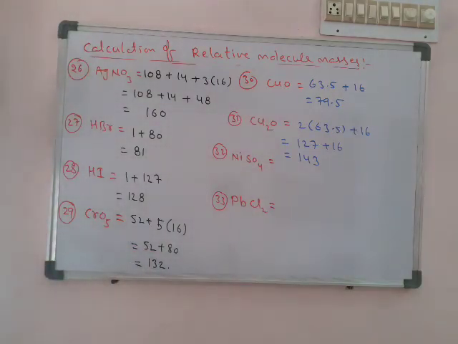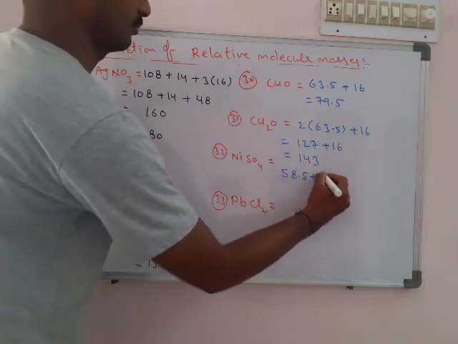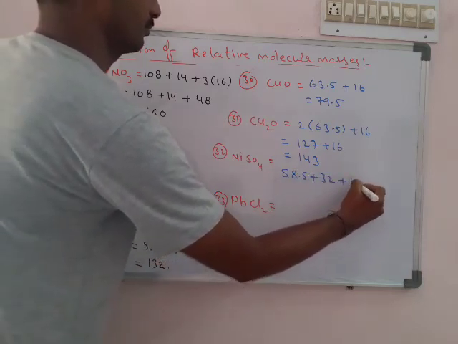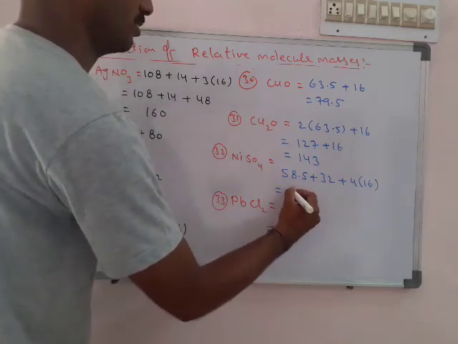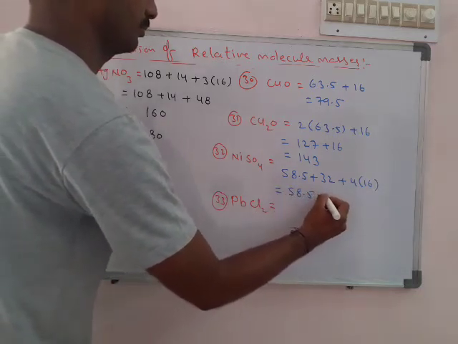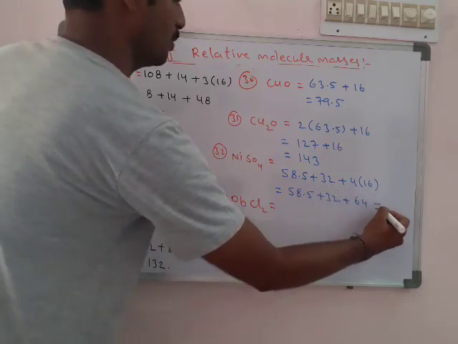Next, what is the atomic mass of nickel? You must remember the atomic mass of all those elements. It's compulsory. Okay, up to 30 at least you need to learn by heart. No, 16. So it is. Just do the calculation.